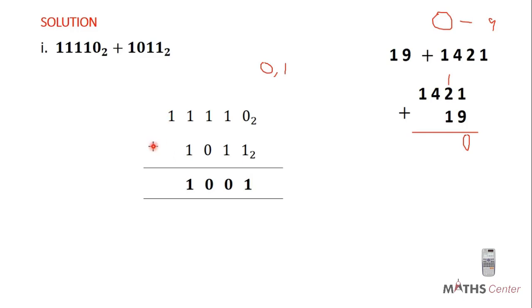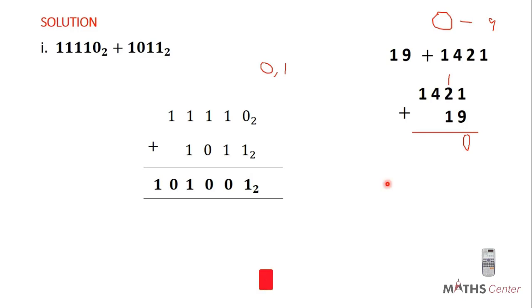So you have 2 plus 0. 2 plus 0 will give us 1 remainder 0. So you write 1 remainder 0. Don't forget to indicate that our addition is in base 2. So as you can see, the addition in base 2 follows the same principle as addition in base 10.